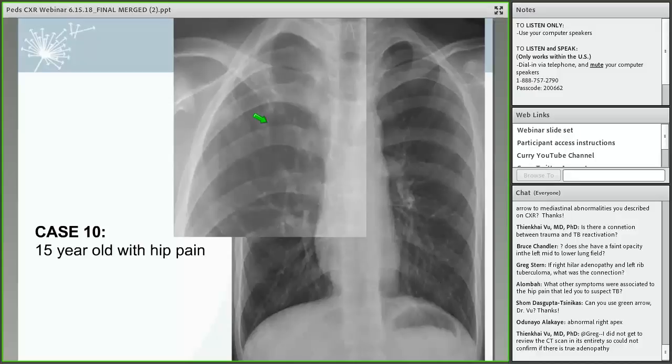He had a plain film which showed a narrowed hip joint, and an MRI which showed symmetric joint effusions, loss of articular cartilage in both hip joints, particularly in the left, which is the painful side, with associated marrow edema along the side of the joints, and the synovitis suggested an inflammatory arthropathy with superimposed mechanical arthritic changes.